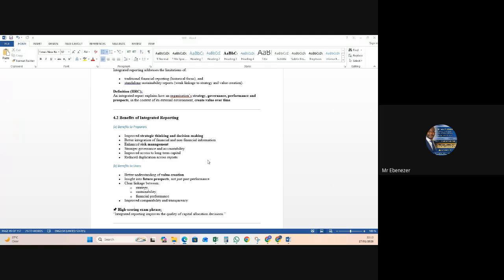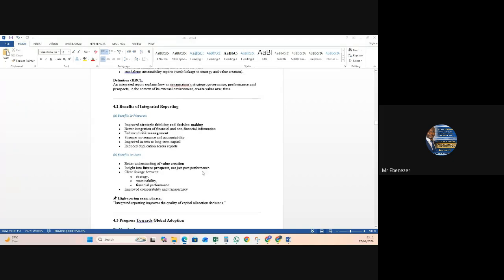Traditional reporting focuses on financial performance, but this time around it is becoming more. We are not saying that an organization has no capital other than just the financial capital provided by shareholders.